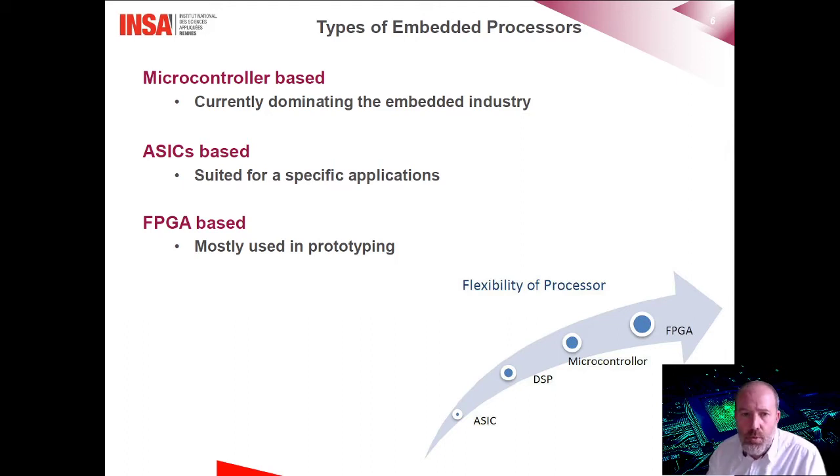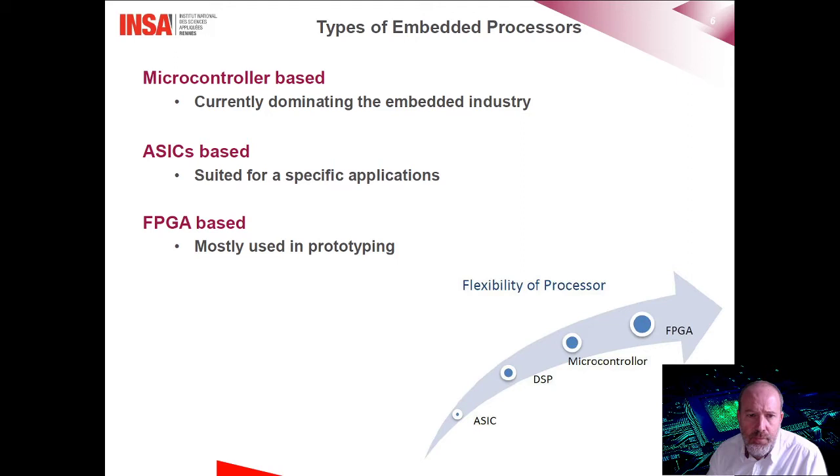These are circuits which, as their name suggests, are specific or dedicated to a particular application and are optimized for that application. The last family is based on FPGA type circuits that you have already met in previous courses.